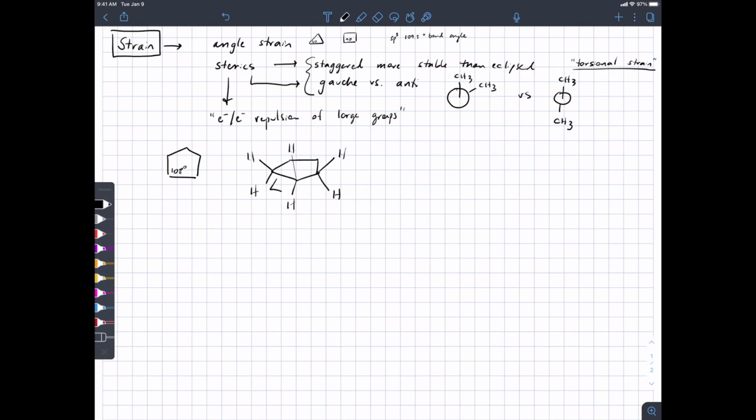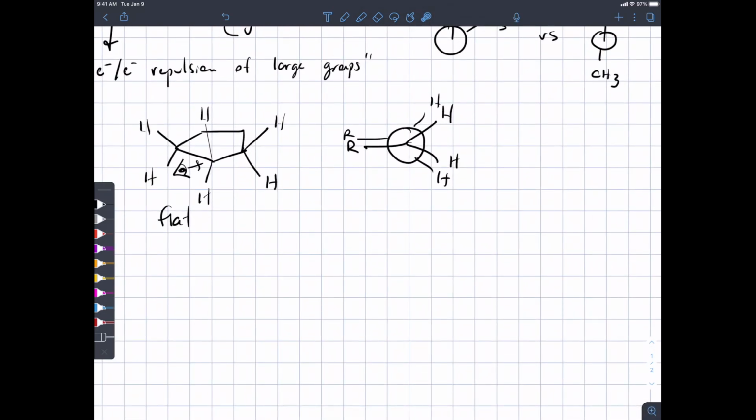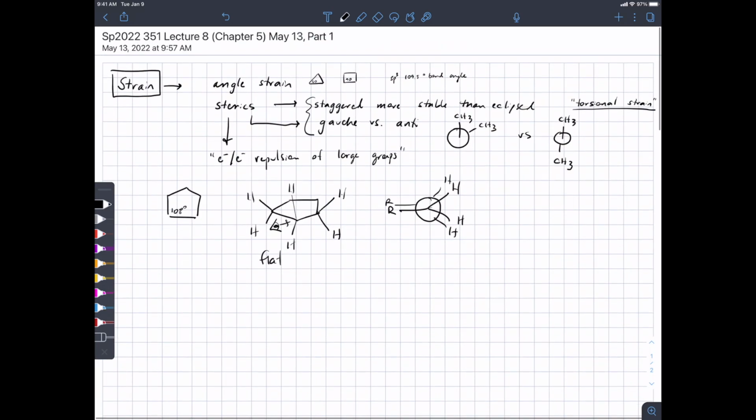In fact, if we looked down this carbon-carbon bond, ring is here, ring is there, all the carbon-hydrogen bonds in the front would be eclipsed with the carbon-hydrogen bonds in the back. And so, if the ring is totally flat, even though you haven't got a lot of angle strain for the 5-membered ring, you do have this so-called torsional strain due to the eclipsed interactions.